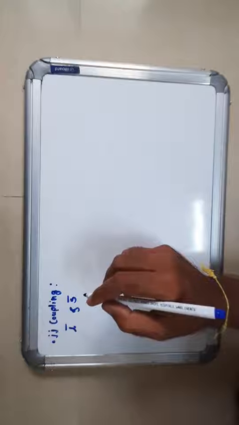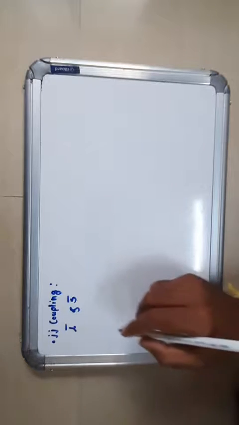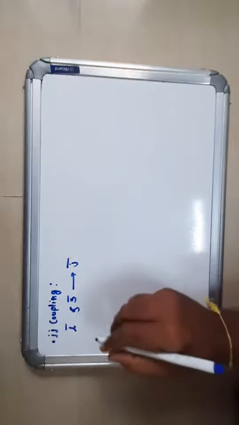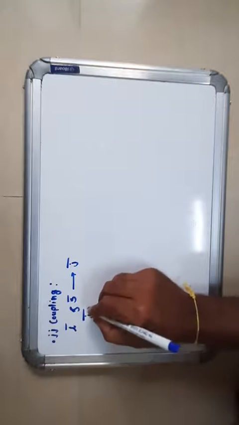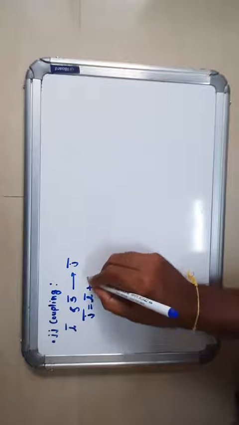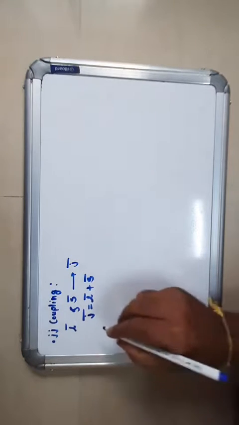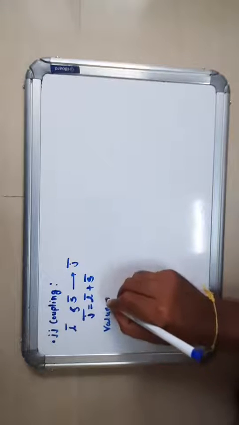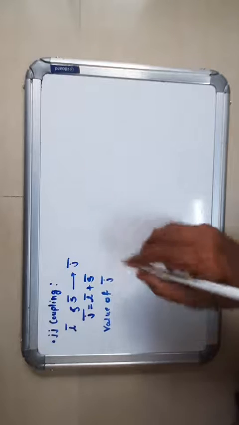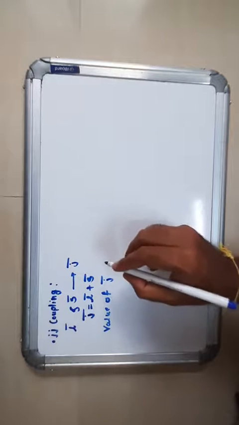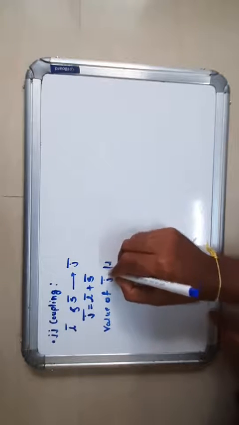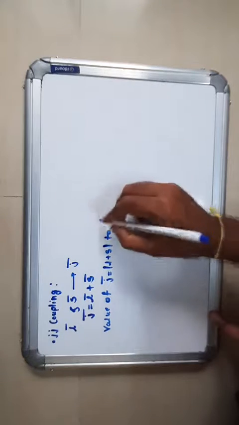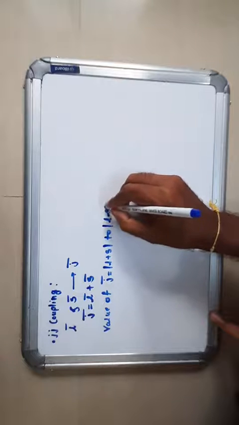These combine to form the resultant angular momentum J bar, given by J bar is equal to L bar plus S bar, where the value of J bar takes from L plus S to magnitude of L minus S.